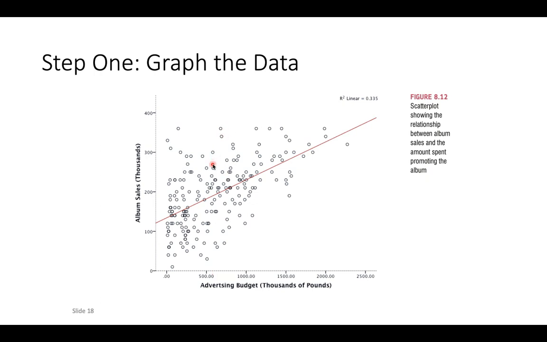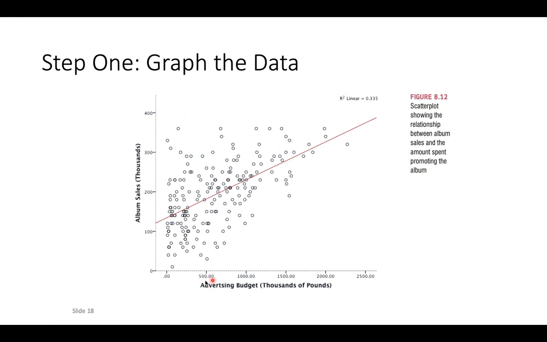We can follow each dot down to the x-axis, and it tells us how much money we spent on advertising. So, for example, this album right here that I'm circling with my laser pointer, we spent, if we track down on the x-axis, just over 500,000 pounds on advertising. Notice that this x-axis is advertising budget in thousands of pounds.